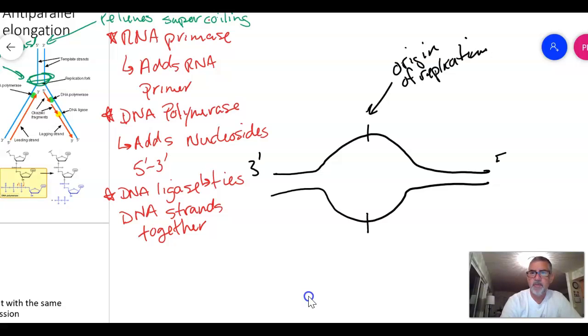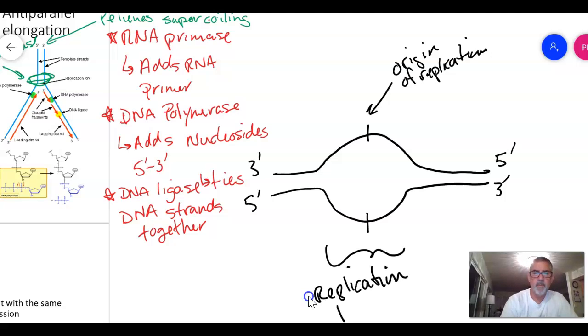So I've got 3' to 5' and 5' to 3'. This thing right here is called a replication bubble. And then half of it here is a replication fork.